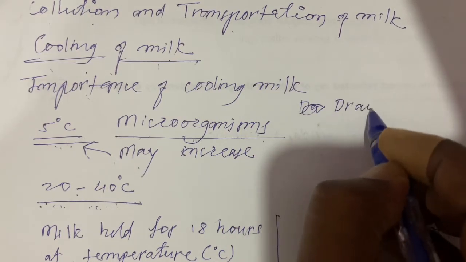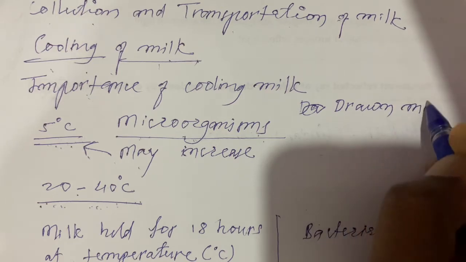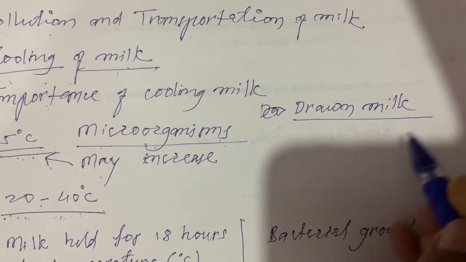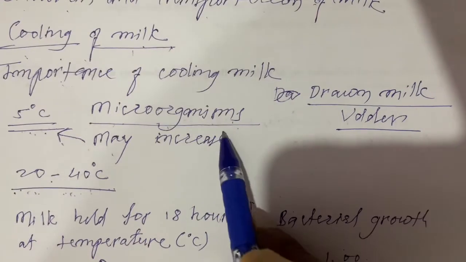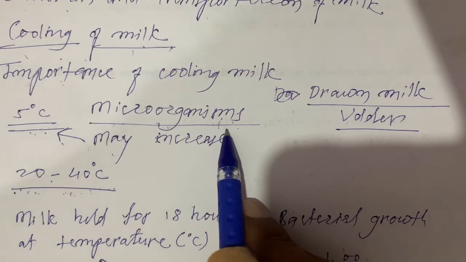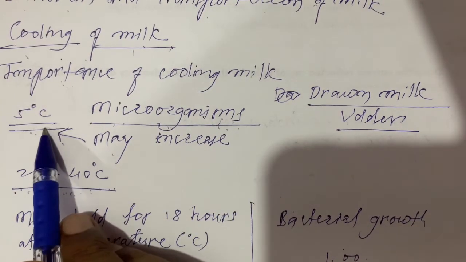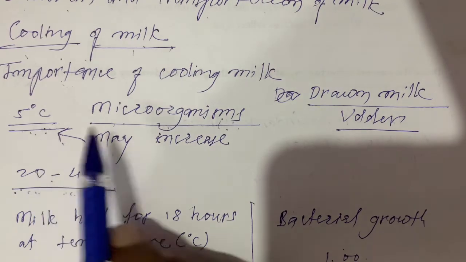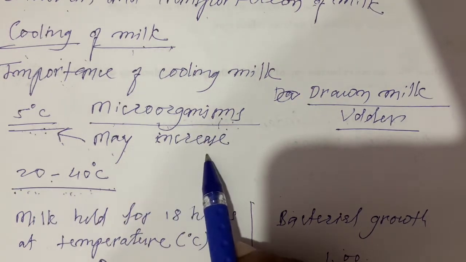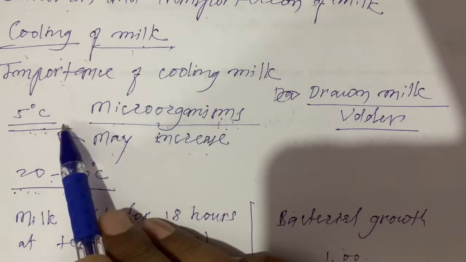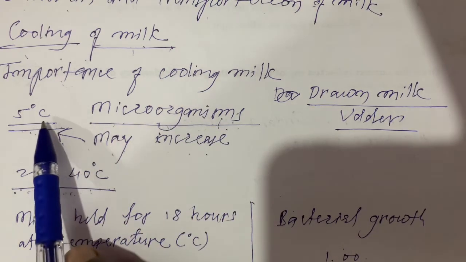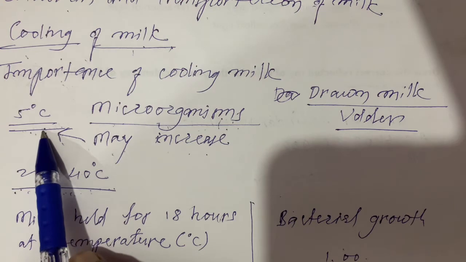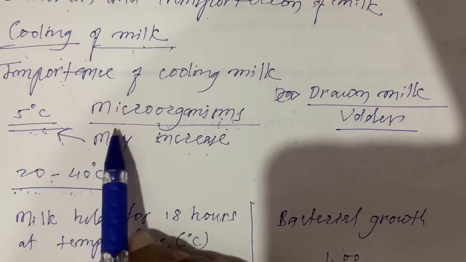Freshly drawn milk from udder also contains the microorganisms, and if this milk is not stored at 5 degrees Celsius or below, their numbers may increase. So, to prevent this multiplication or growth of organisms, we have to store this milk at 5 degrees Celsius or low temperature. Therefore, this is the importance of cooling of milk.